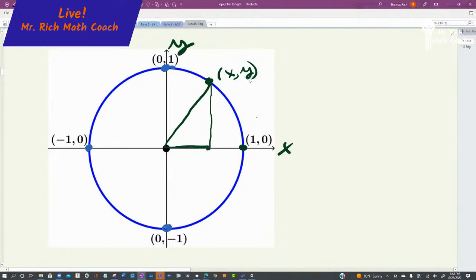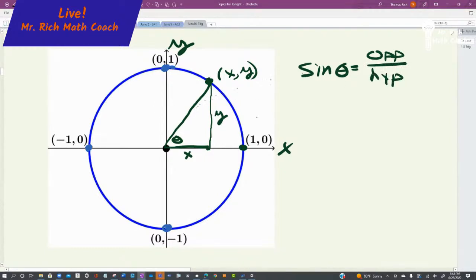Now, if the coordinates of this point are (x, y), that means that this distance here is literally x, and this distance here is y, because that's why I would call it (x, y). Now, I'm going to call this angle here theta, and if I were to write what sine theta is, I know that the ratio in a right triangle for the sine of an angle is the opposite side length divided by the hypotenuse.